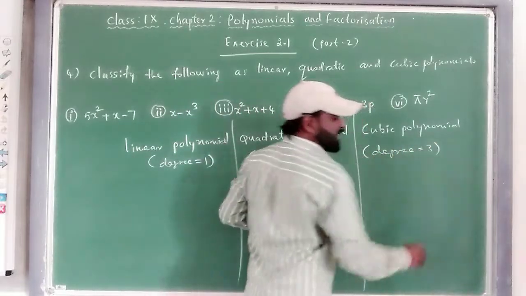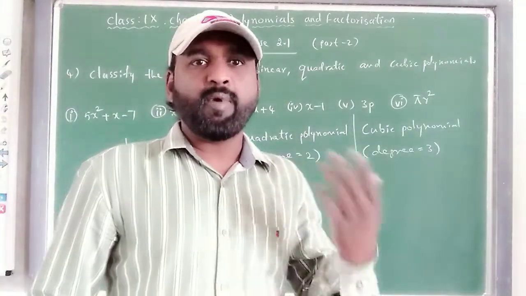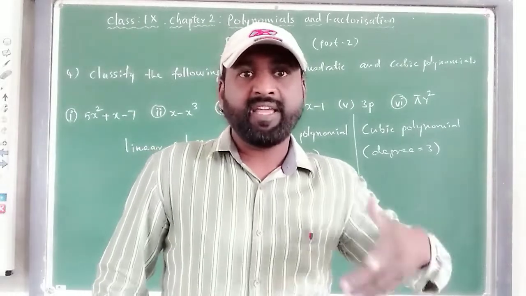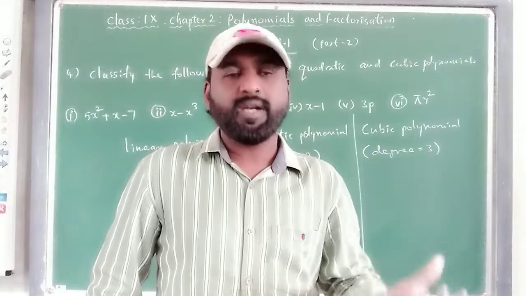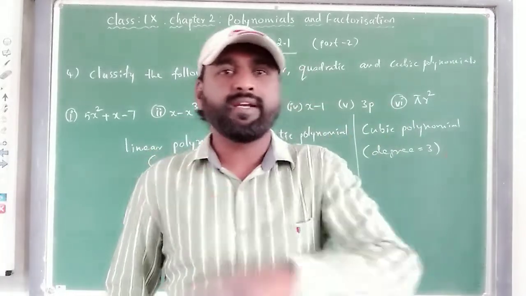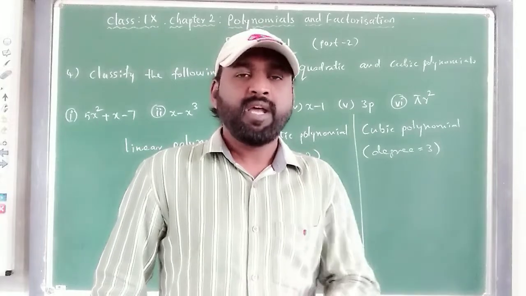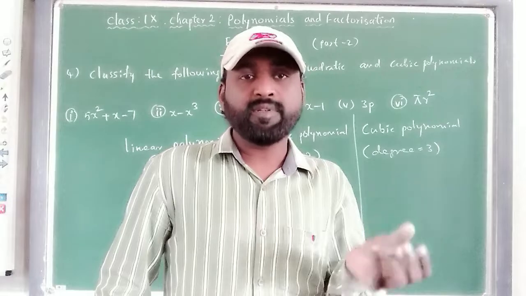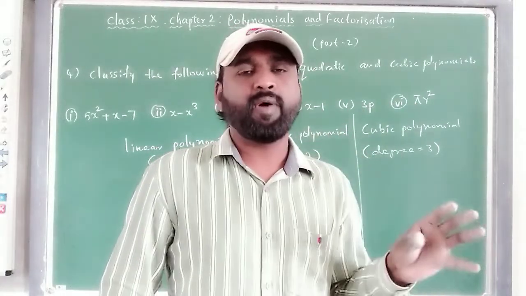What is meant by degree? Actually, the variable's exponent. Suppose a polynomial contains a number of terms. In all the terms, you have to check the variable's exponent. Whichever the exponent is highest, that is the degree of the entire polynomial. Polynomial may contain number of terms. In all the terms, you have to look at the variables, and the variable's highest exponent only becomes the degree of that entire polynomial.